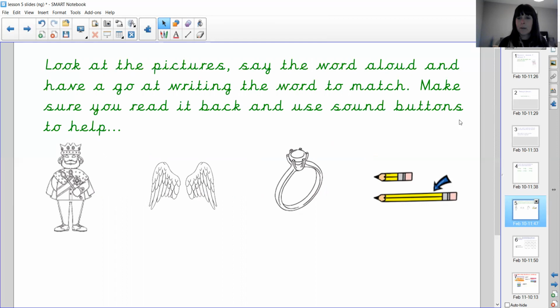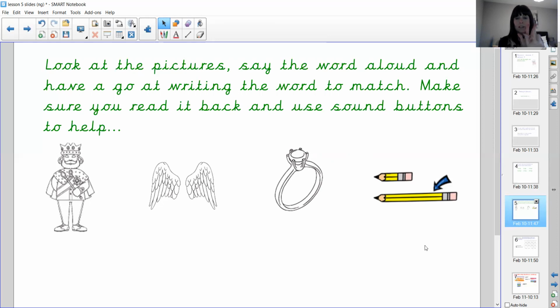So up on the screen, we have some pictures and the words for those pictures all use the ng sound. So I want you to look at the picture, say what you think that picture is out loud first of all, and then have a go at writing the word to match. Okay, all of those words, I'll give you a clue, have got 3 sounds in.